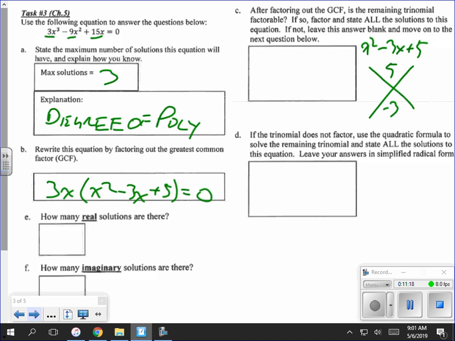Are there two numbers that multiply to get 5 and add to get negative 3? No, the numbers for 5 are 1 and 5, that's it. 1 and 5 will never add to give me 3. So this is not factorable. So that means, if it's not factorable, use the quadratic formula. A equals 1, B equals negative 3, C equals 5.